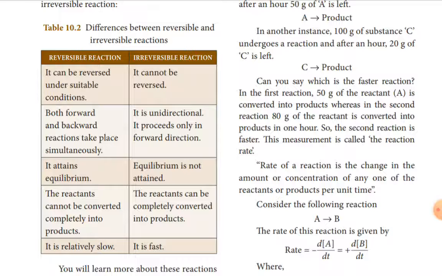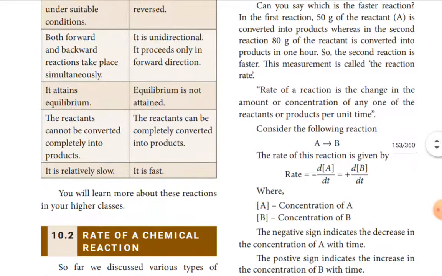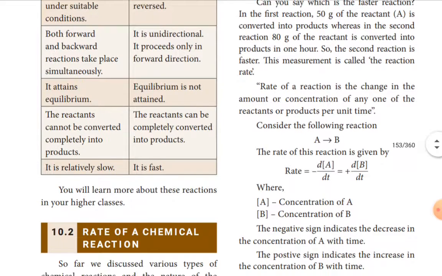But in the irreversible reaction, the reactant can be completely converted into product. Reversible reactions normally take place at a slow rate, but irreversible reactions are fast reactions that take place rapidly. You will learn more about these reactions in your higher standards.